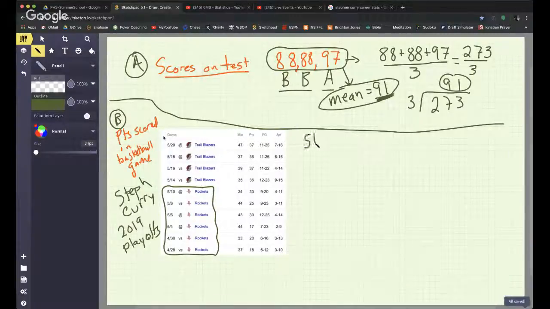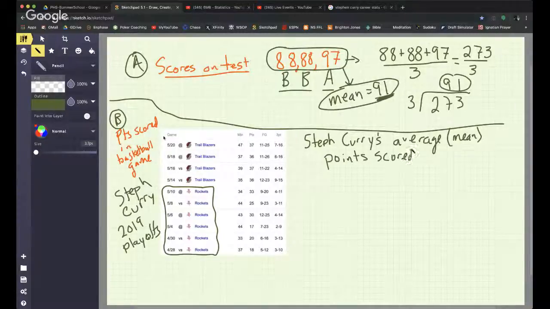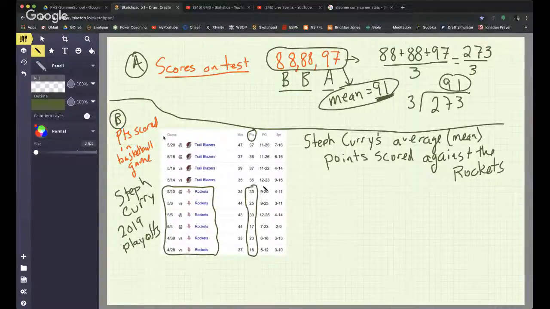We're going to find Steph Curry's average, or mean, points scored against the Rockets. So let's circle the points. So here's points. Let's find his average points in the Rockets series.